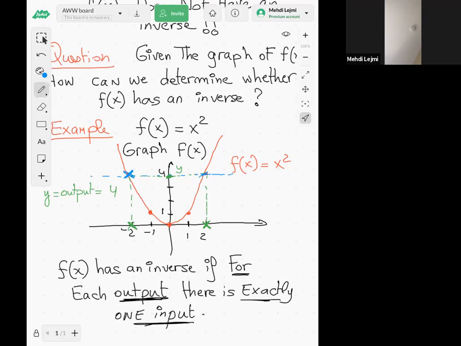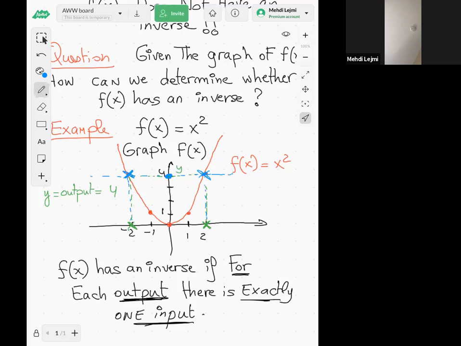If your horizontal line intersects the graph at 2 points, it means that this particular output has 2 different inputs. So that's called the horizontal line test. If you want to determine whether function f has an inverse, you can use this horizontal line test.